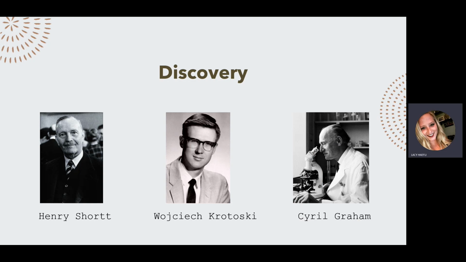Through the work of Henry Shortt and Cyril Garnham, they were able to show that the malaria parasite actually develops in the liver before it then enters into the bloodstream. They also saw the development of the final stage of malaria in 1948. However, their findings were not conclusively confirmed until 1982 by Krotoski.